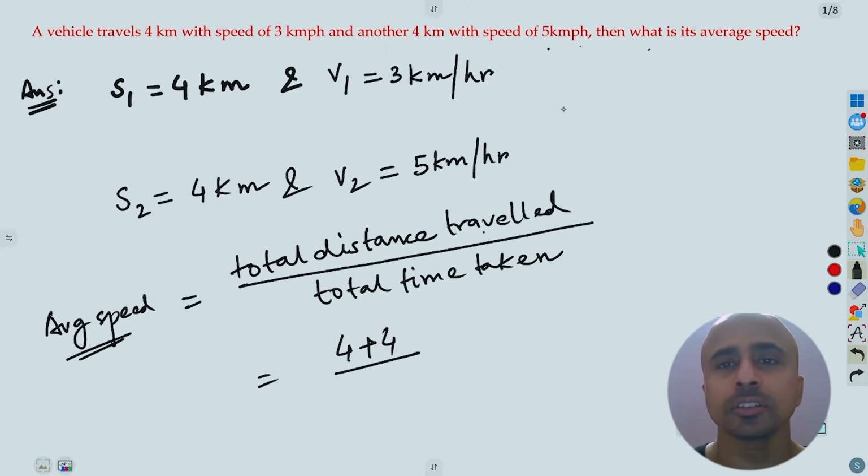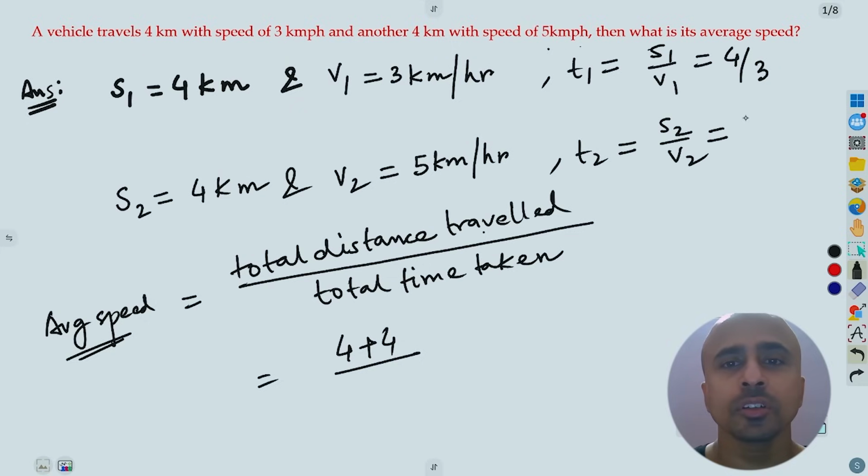to travel this distance. So from here we obtain T1 equal S1 by V1, which is 4 by 3, and from here we will obtain T2, let's say S2 by V2, which is 4 by 5. So substituting the value here, 4 by 3 plus 4 by 5, this gives 2 by 1 by 3 plus 1 by 5.